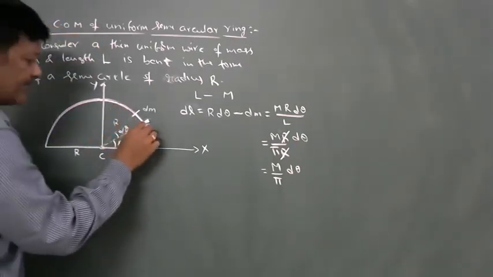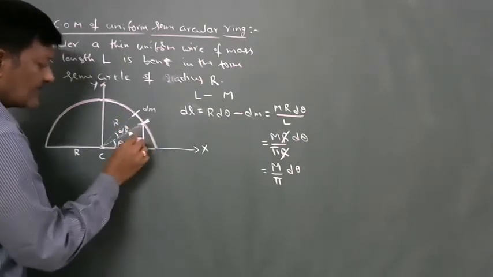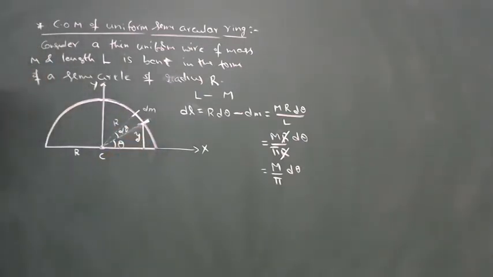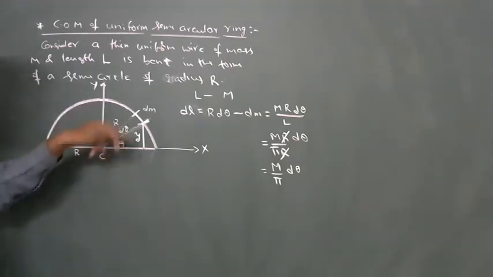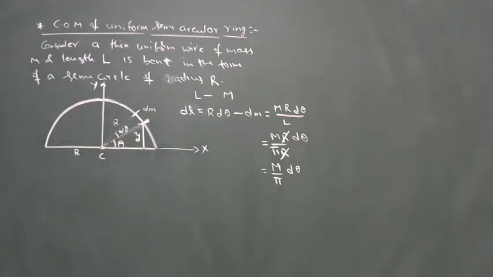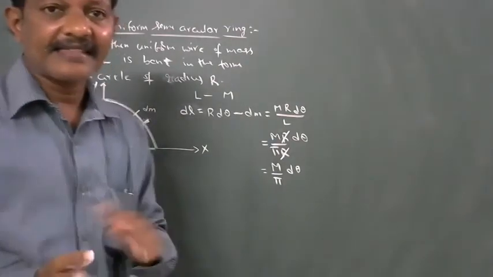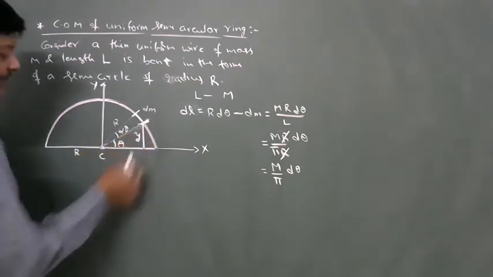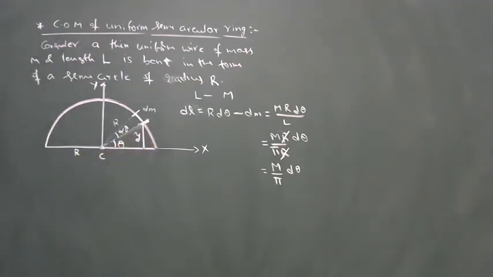So this element is at a height y from the x-axis, and this element is symmetric about the y-axis. This element is at the height y from the x-axis, and that element makes an angle theta with the base.